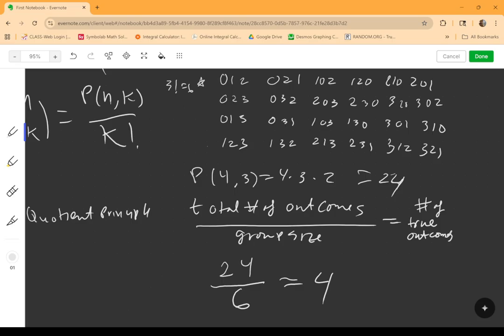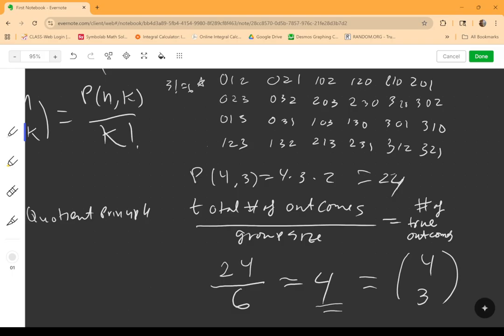And of course 24 over 6 equals 4, which is equivalent to 4 choose 3. So for a set of size 4, if you're choosing 3 of them, this gives you the total number of groups, 4 groups of that same ordering.